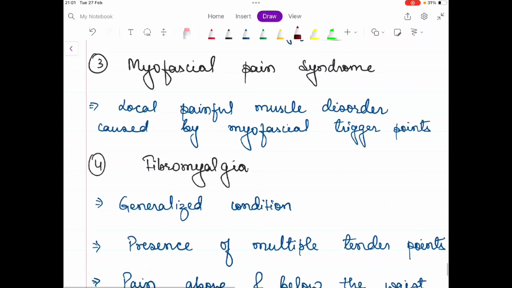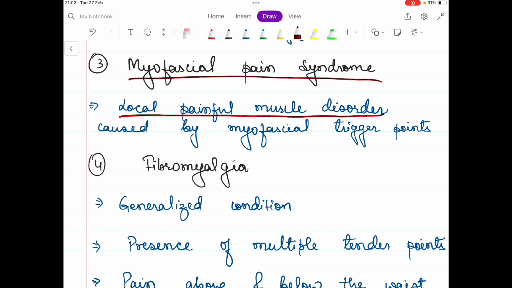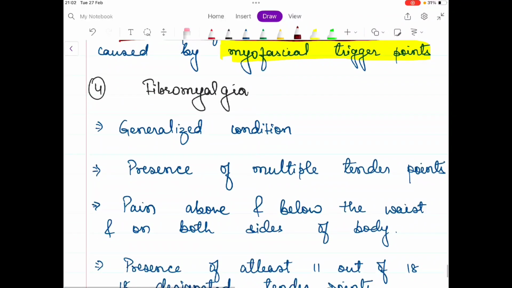Now the third point, myofascial pain syndrome. In myofascial pain syndrome, there is a local painful muscle disorder which is caused by myofascial trigger points, and that is released by dry needling or MFR, all these methods.